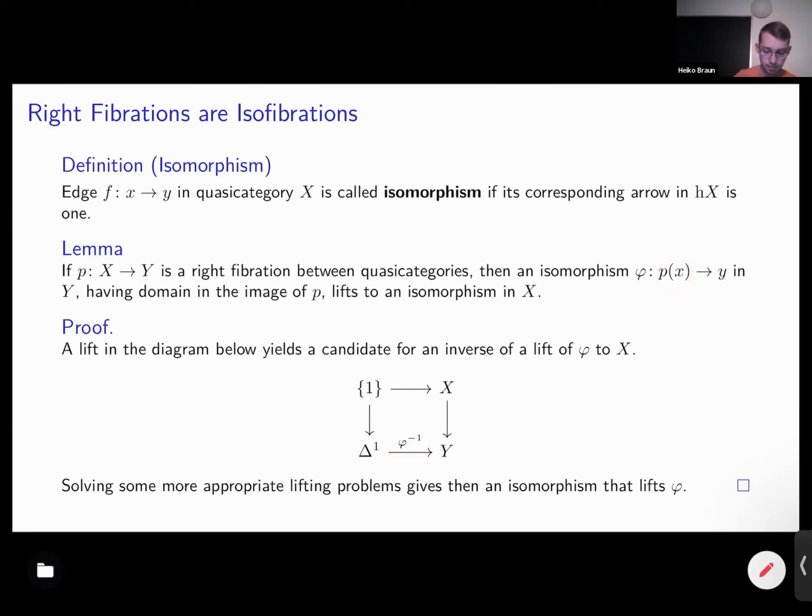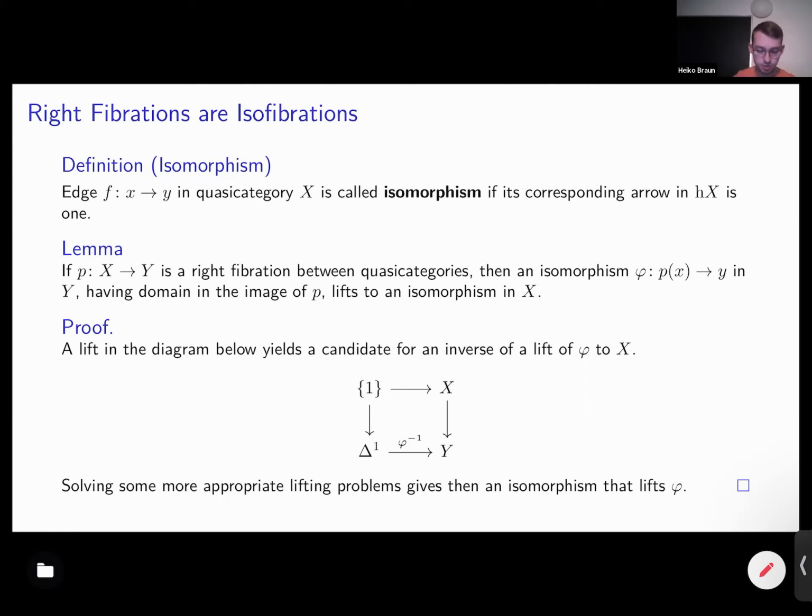And then we can get a lift, which goes to X. So we have an arrow in X, which maps down via P to the inverse. And this will be a candidate inverse isomorphism on top. And then, okay, we don't have yet the phi itself, but we can just make this construction again, more or less, and also lift or get an inverse of this thing on top itself.